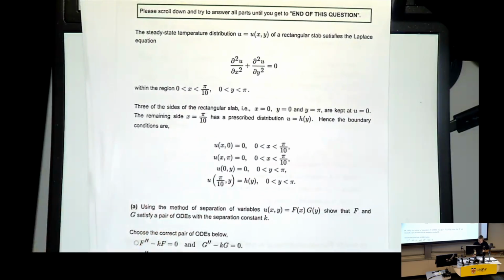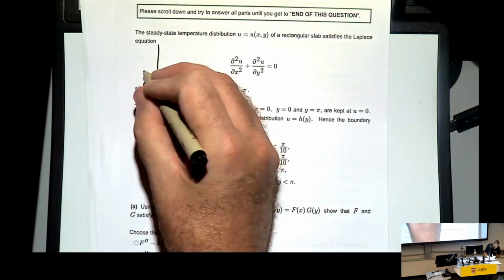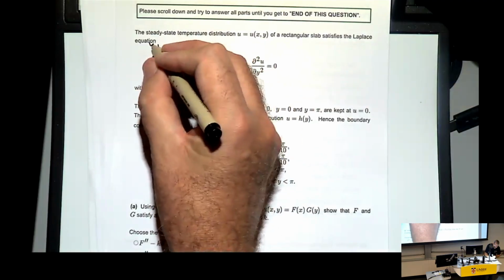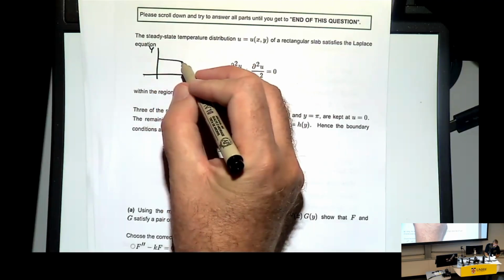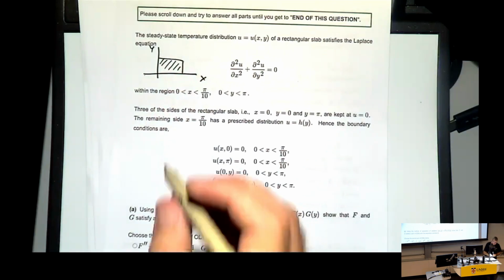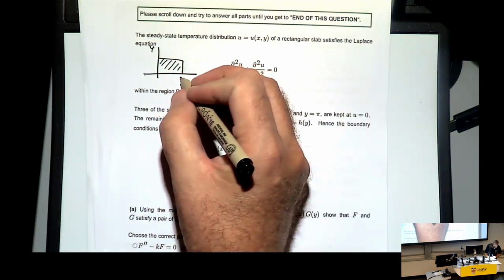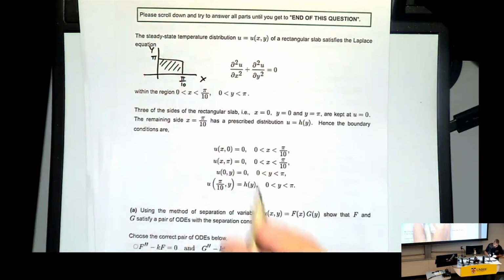Okay, you don't have to do this, but I'll just draw a little picture. Basically you've got a slab, and this is like pi on 10, and this is not drawn to scale. That's pi.